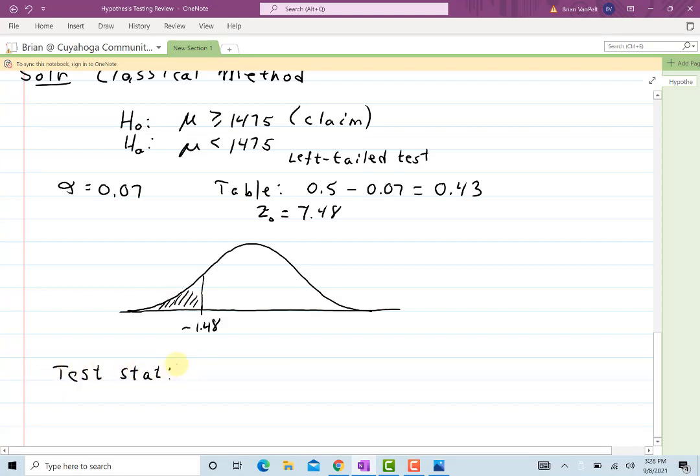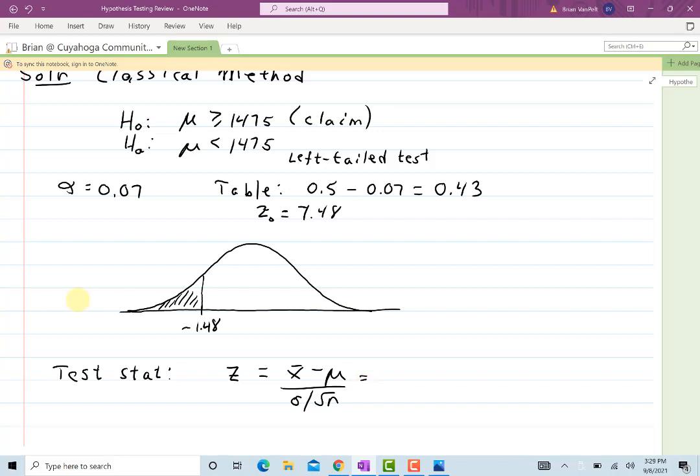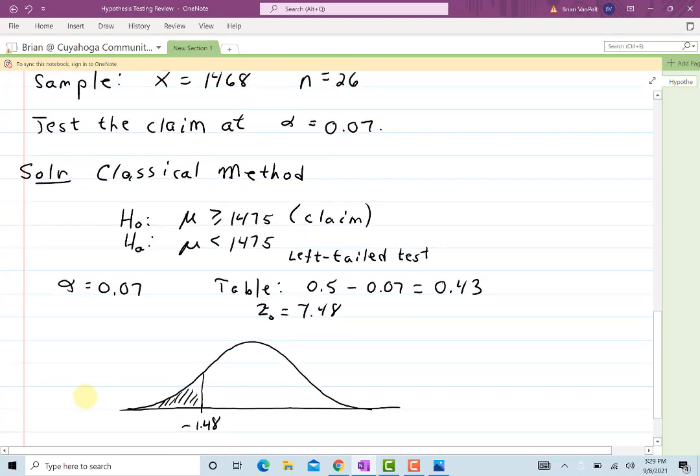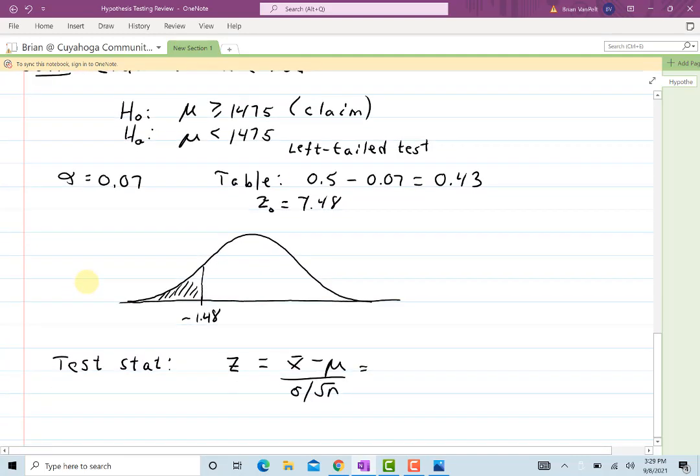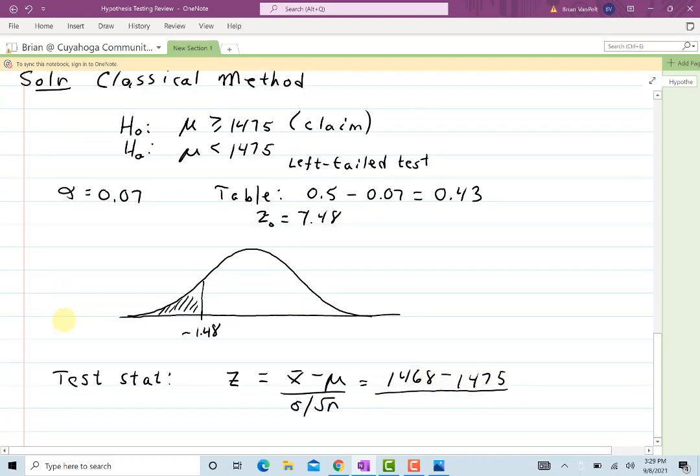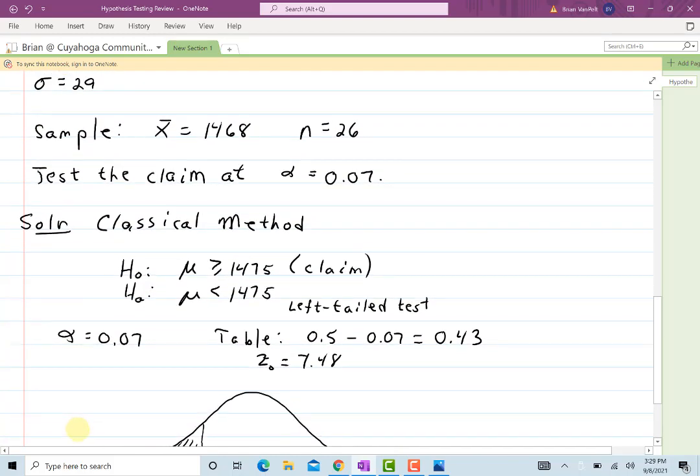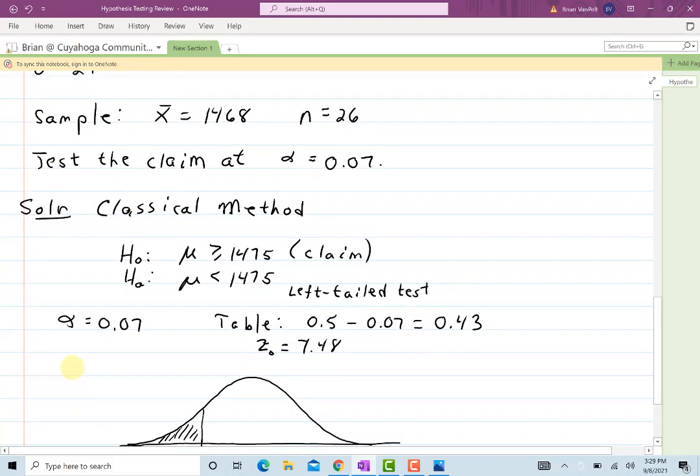So here, this is where you go z equals x bar minus mu all over sigma divided by the square root of n. In this case, the mu that we are testing is 1475, and the mean that we got from the problem was 1468, and sigma is 29 and n is 26.